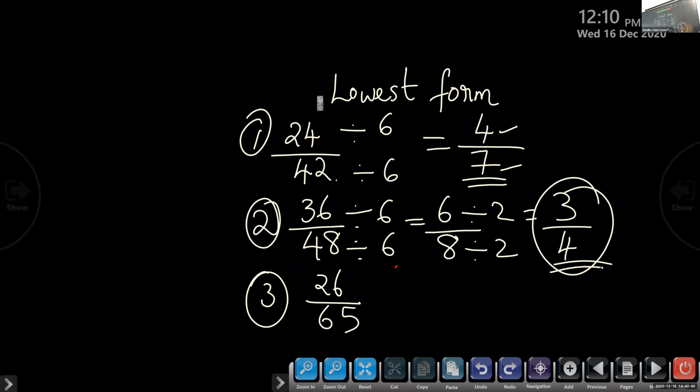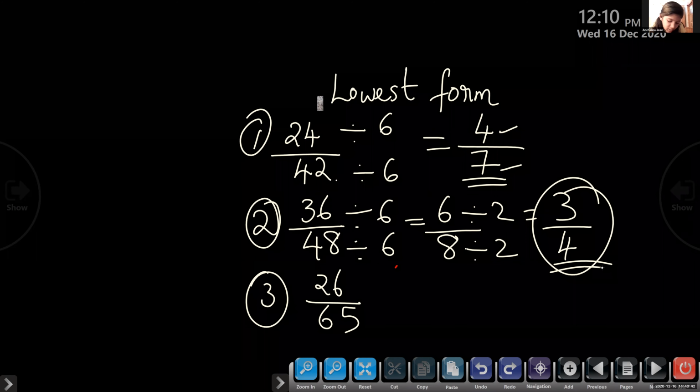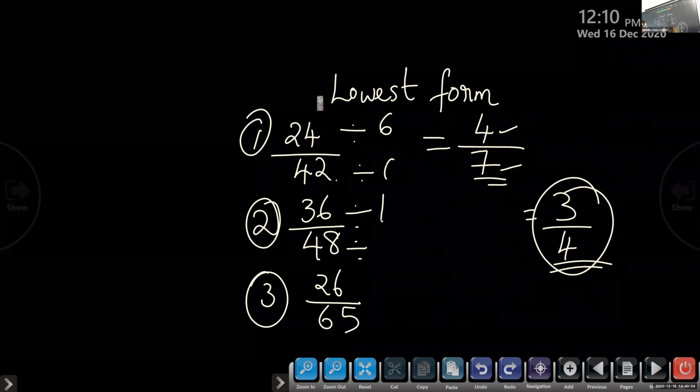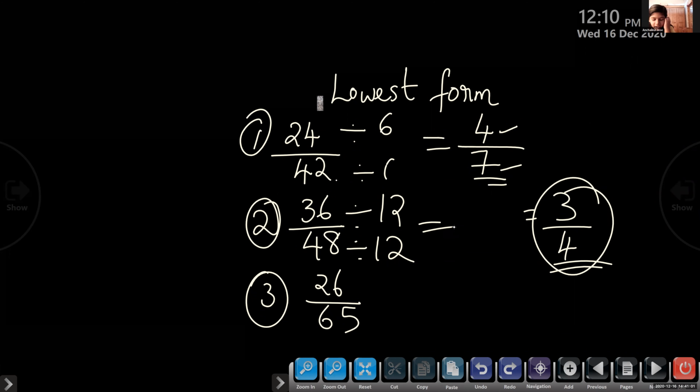I have a doubt. I divided 36 and 48 by 12 and I got the answer as 3 by 4. Yes, you can divide by 12, that is the highest common factor method.